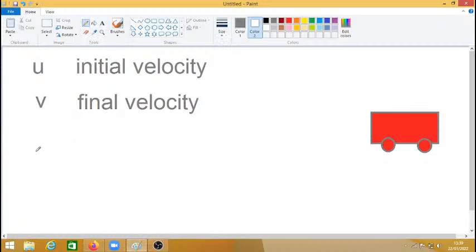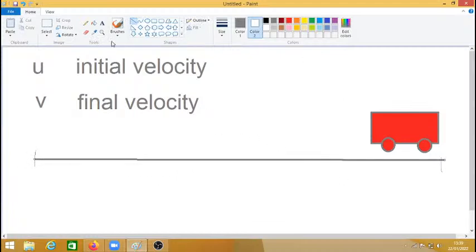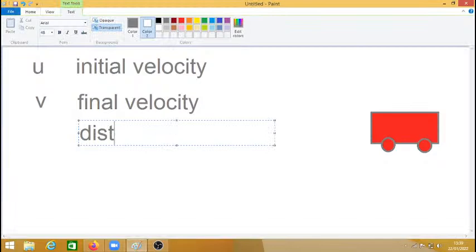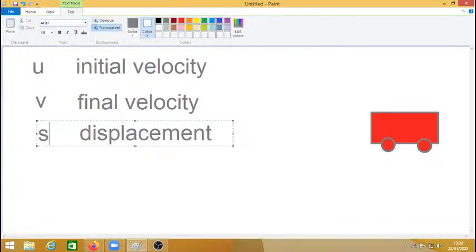Then if it started here and it ended here, the distance in between is interesting as well. How much distance did it cover? That's also known as displacement, but you can just think of it as distance, really. The proper word is displacement, and we use the letter s for displacement.